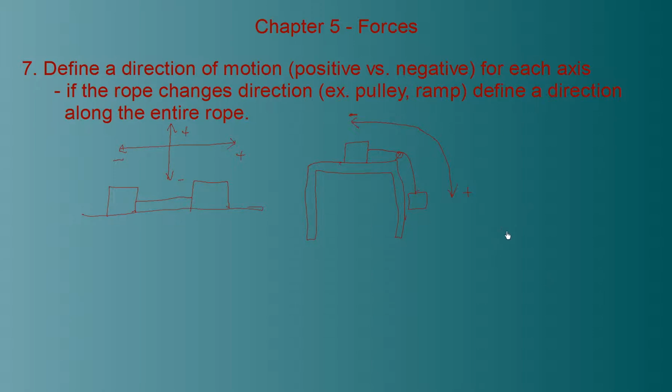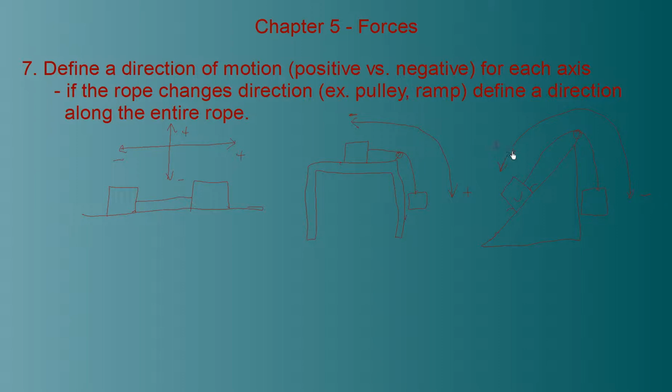And also, again, with a ramp situation, it might even seem more confusing to think of it that way. Anyway, what you can do is, again, think of the direction of motion of the rope as how you're going to define positive and negative.